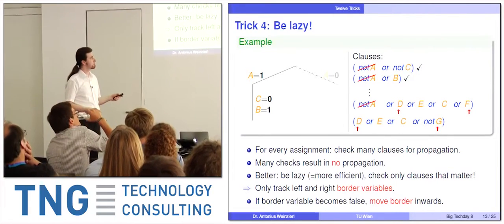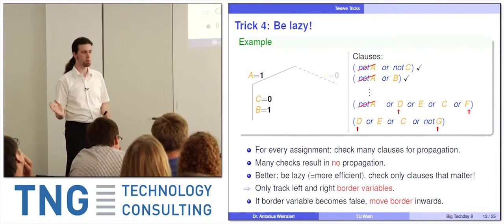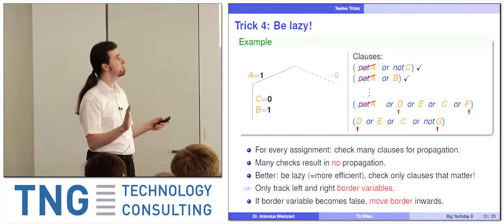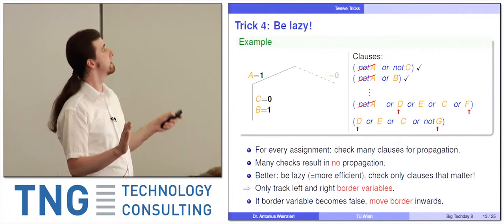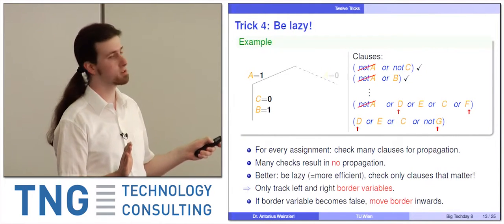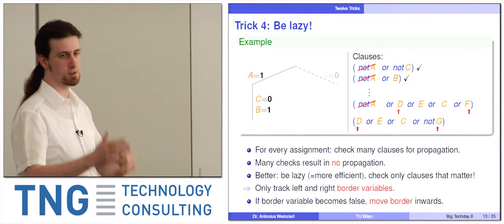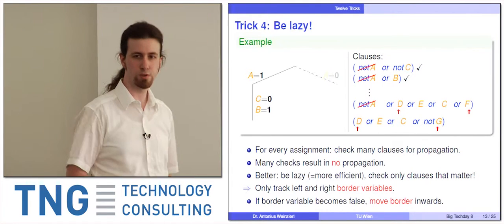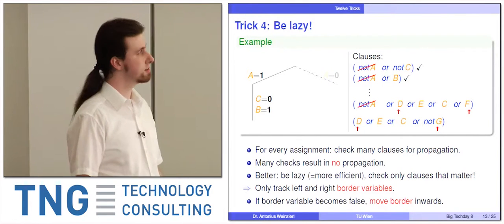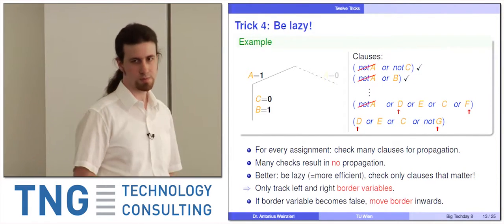So for example, if we assign to F the value false, then we will move the border variable, then we will point to C, and then we will have, okay, C is also false, so we then move the border variable one next. So this postponed a little bit of the processing, but in the end it really helps.